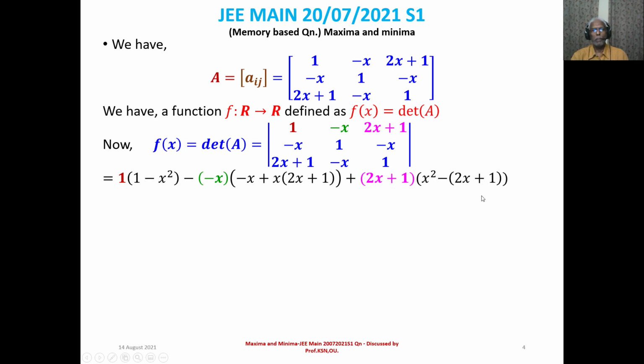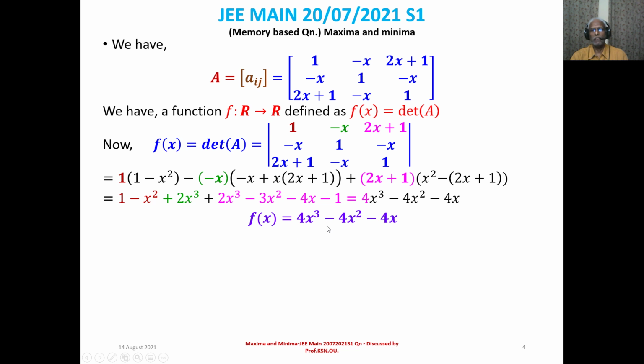Now multiply and simplify. Simplifying we get f of x as a function of x: 4x cube minus 4x square minus 4x.